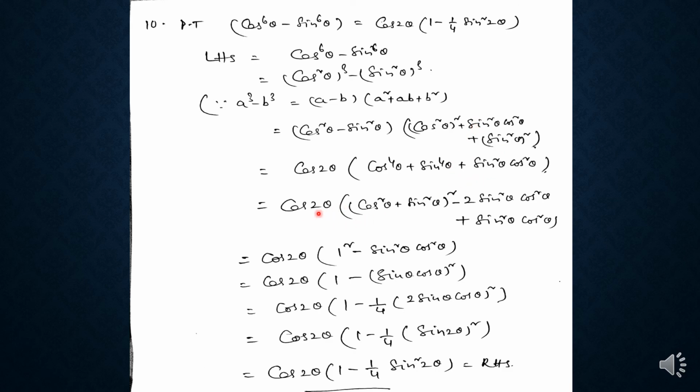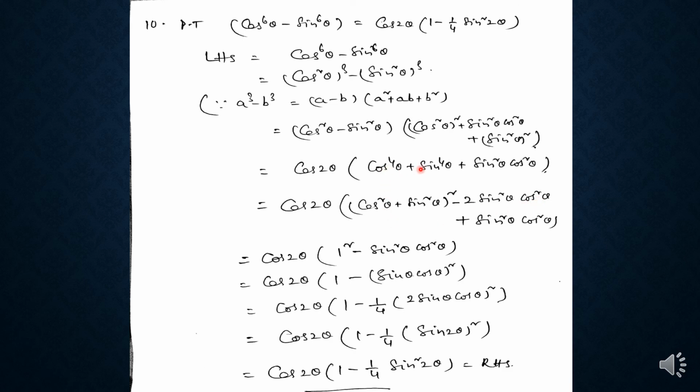So this can be written as cos 2 theta into, this is a to the power of 4 plus b to the power of 4, which can be written as a square plus b square whole square minus 2a square b square. So cos square theta plus sin square theta whole square minus 2 sin square theta cos square theta.